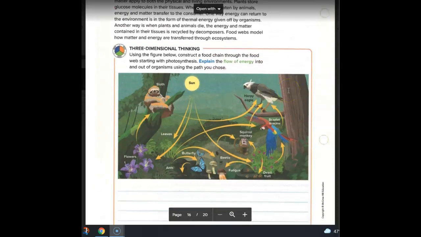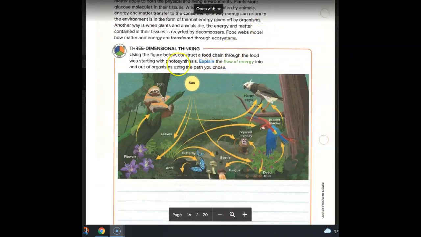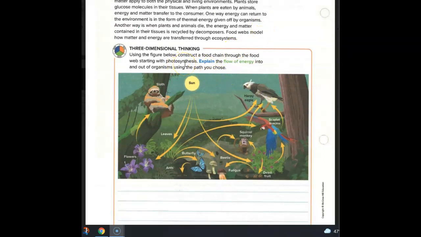So you're going to complete this three-dimensional thinking question in the book. Using the figure below, construct the food chain through the food web, starting with photosynthesis. Explain the flow of energy in and out of organisms using the path you chose.